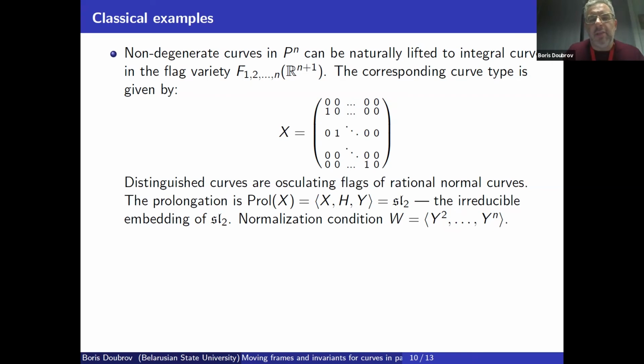Then we can play the trick of lifting the curve, and in this case, this trick essentially says that we can consider right away the osculating flag of our curve at each point. And this gives us a lift from a non-degenerate curve in Pn to a curve in the flag variety.